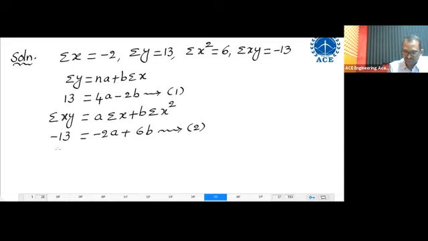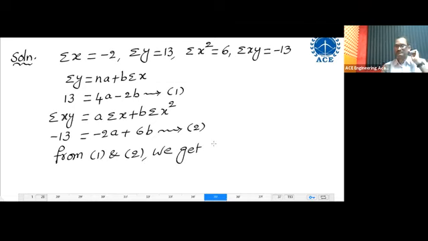Solve equations 1 and 2 and tell me the values of a and b. What is a, what is b? A value 2.6, I think. B value -1.3. Please check. Yes, very good.